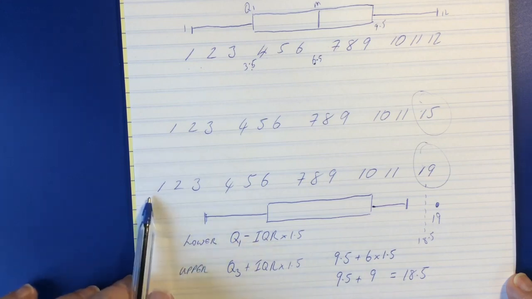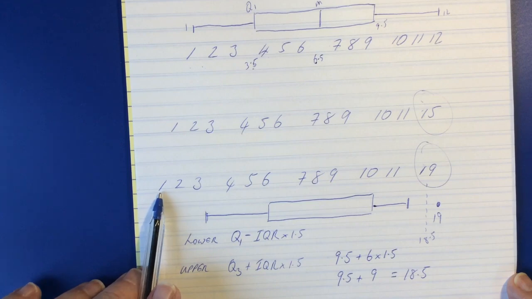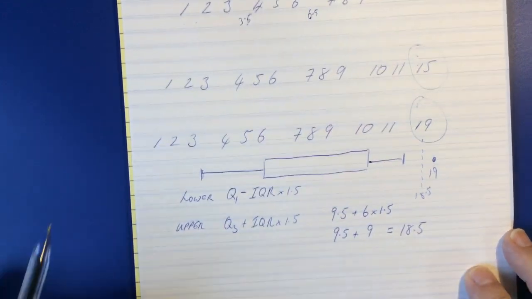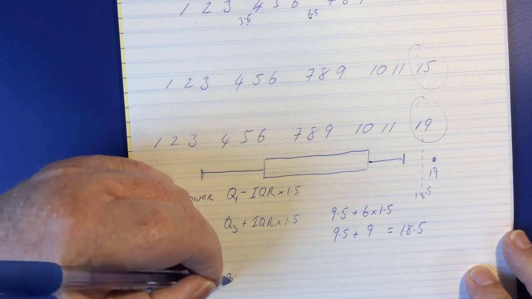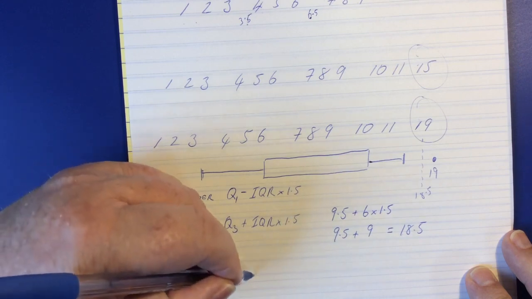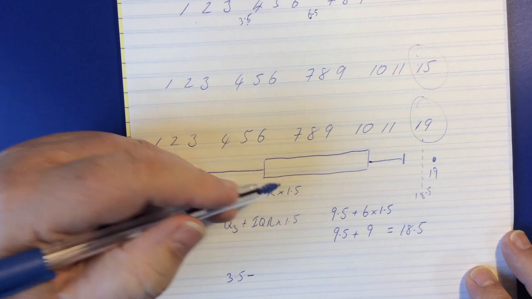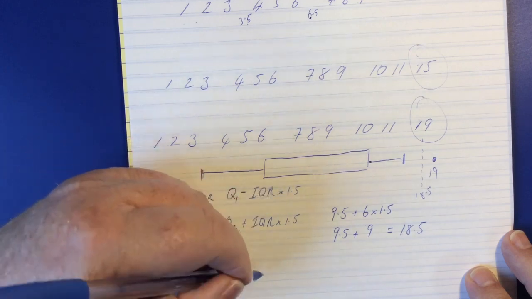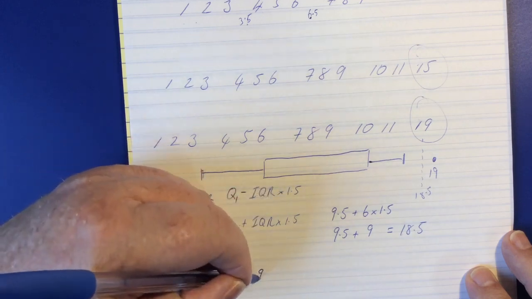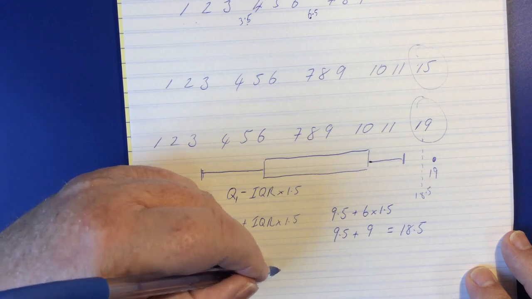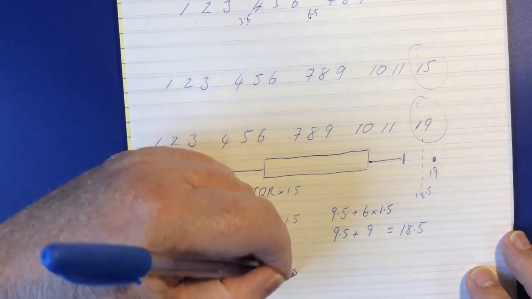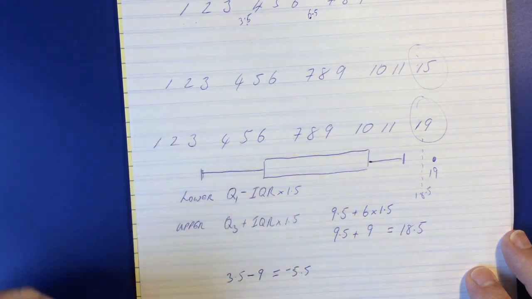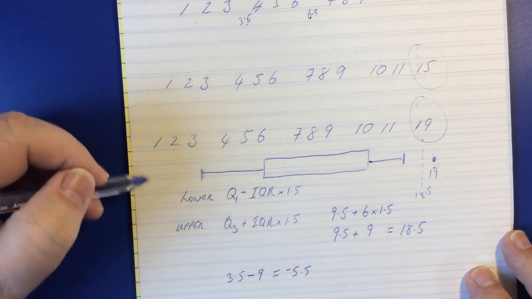Now, the lower fence doesn't matter because it's pretty obvious that this isn't an outlier, but just for the sake of completeness, I'll calculate it. So Q1 is 3.5, and it is minus the interquartile range, so minus 9. And that leaves us with negative 5.5, which is way down here somewhere.